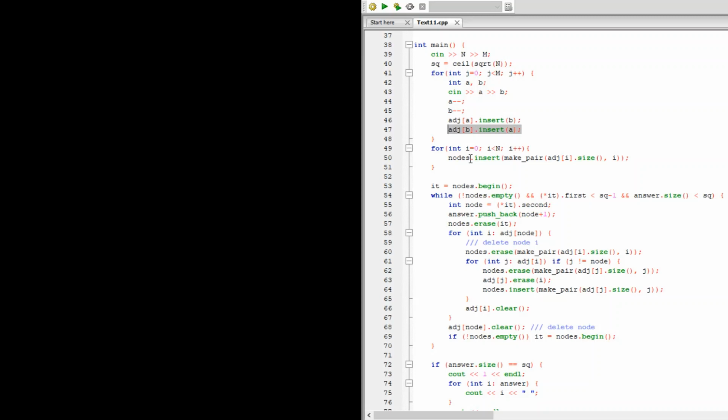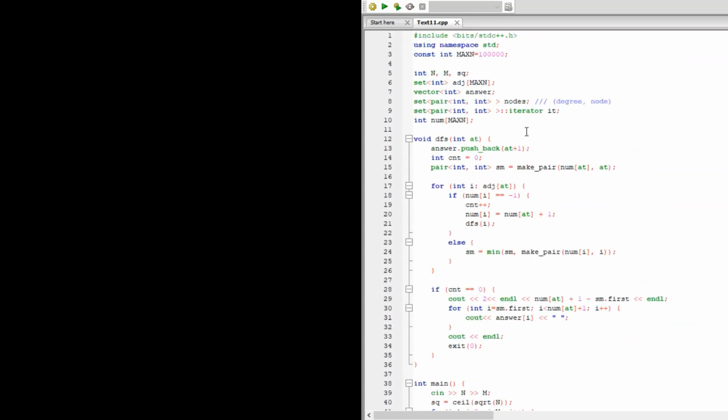Okay, we now need to be able to store all the nodes by their degree, in some way that we can keep getting the smallest degree. For that, we're going to have a set of pair of ints, which is the nodes. So the first value stores a degree, the second value stores the node index.